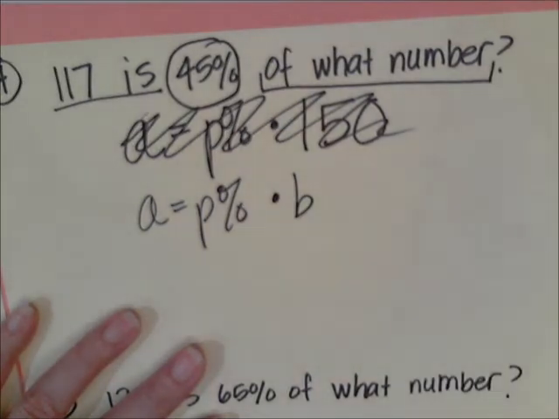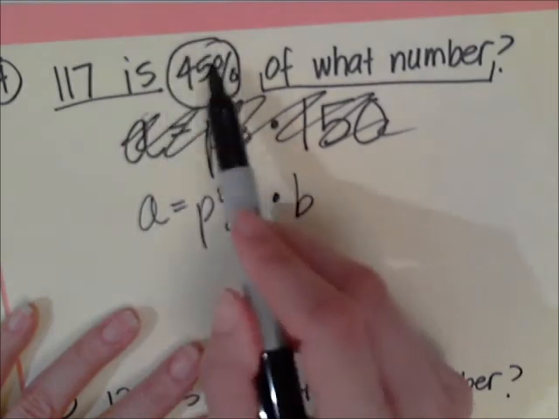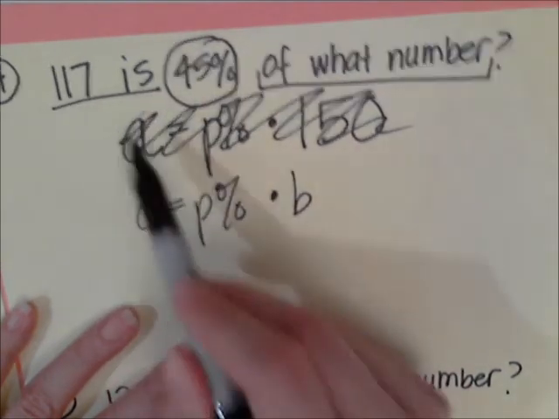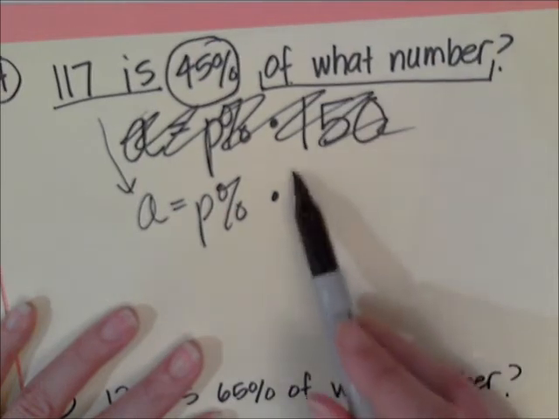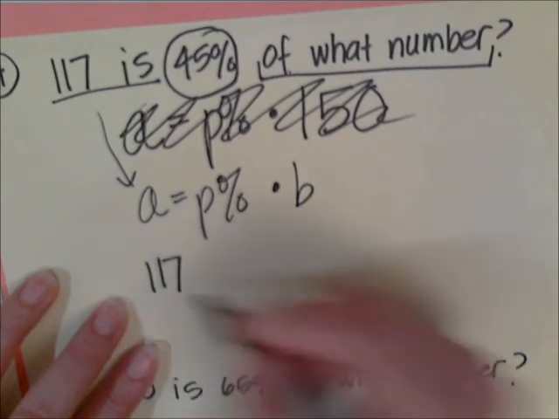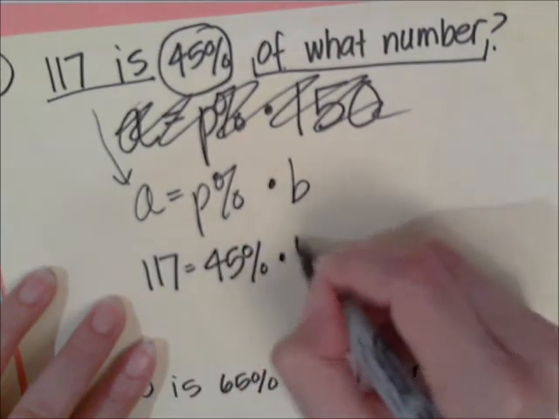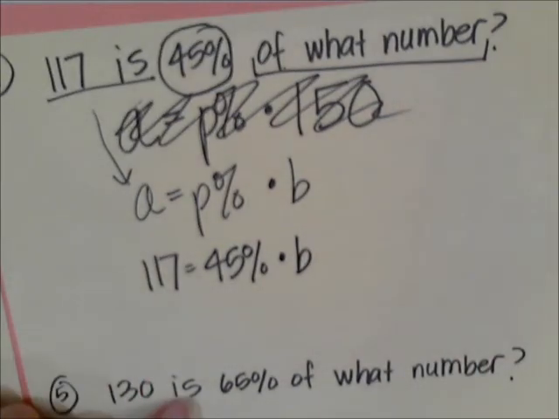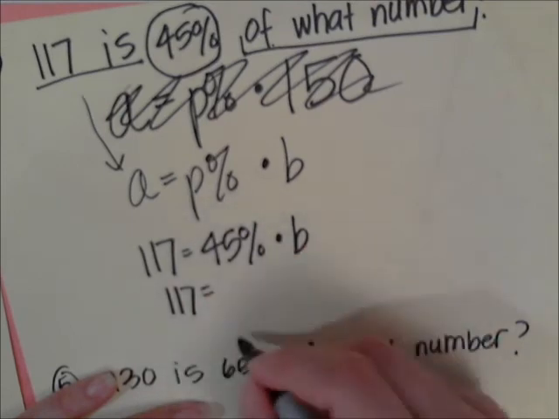So, we don't know B this time. We know 45%. We know that 117 is. That prompts me to put it there. "Of what number?" means that B has to stay a variable. We don't know what that is. So we're going to put 117 here, and 45% times B. Just like last time, we're going to change 45% to a decimal.